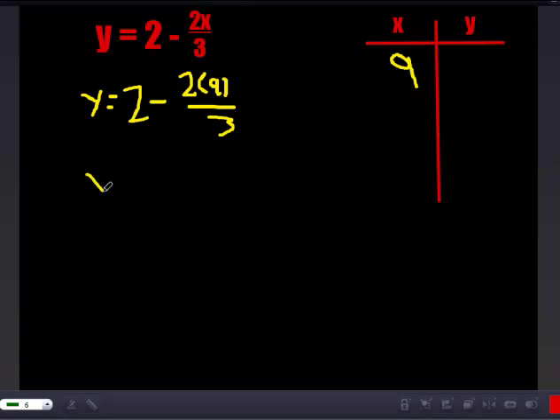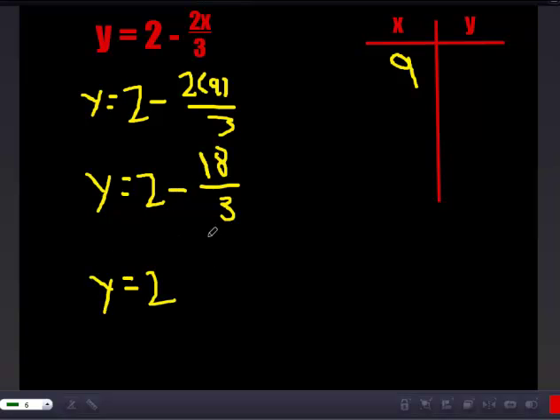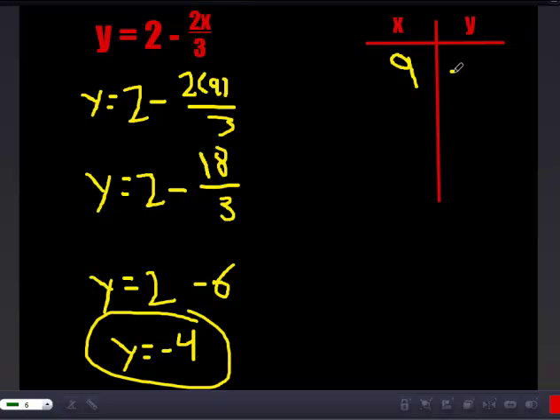Then I would do 2 times 9 first on top, so y equals 2 minus 18 over 3. That 9 worked out really nice because I had to divide by 3, so I want to pick something that when I multiply it gave me a number divisible by 3. The next step would be y equals 2 minus 6, and 2 minus 6 is negative 4. So y equals negative 4. So when I put in 9, I get out negative 4.